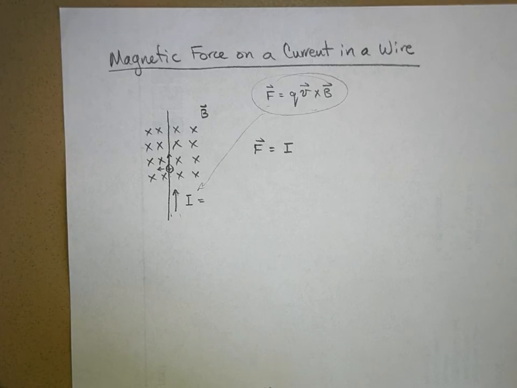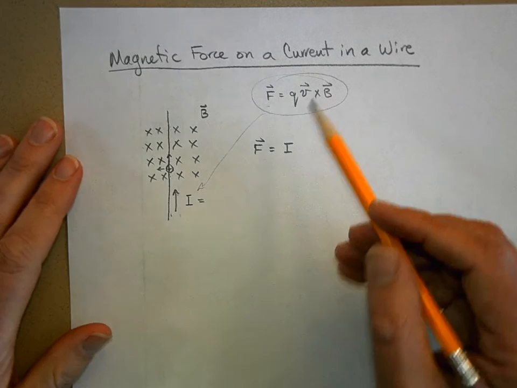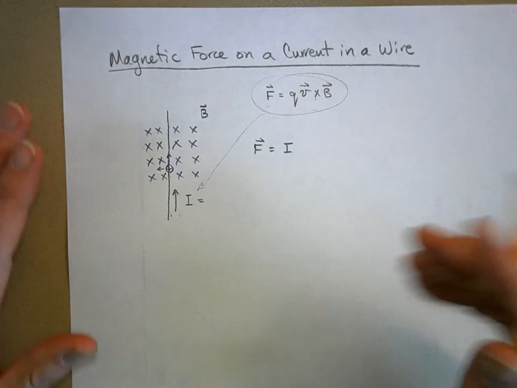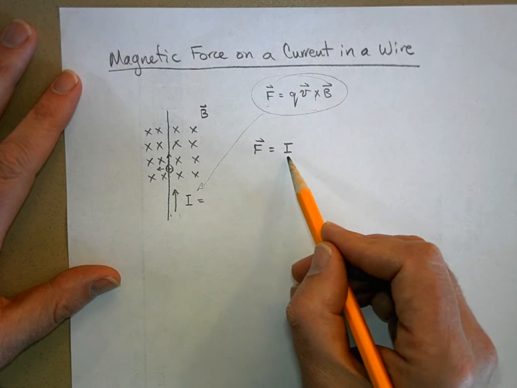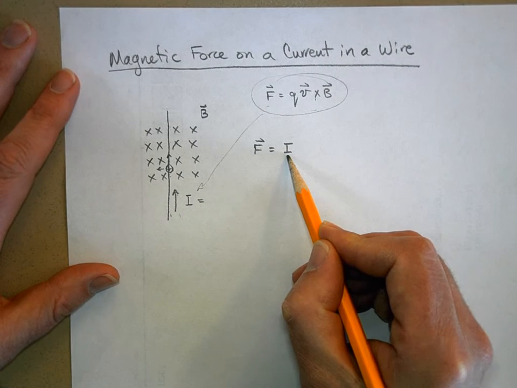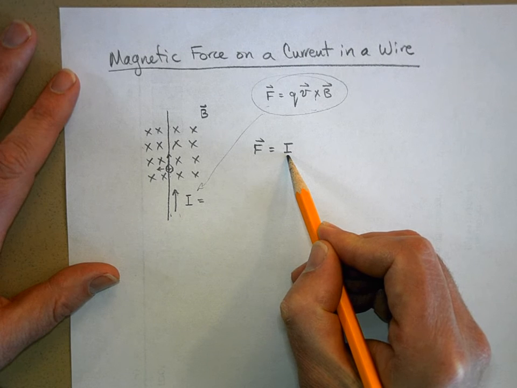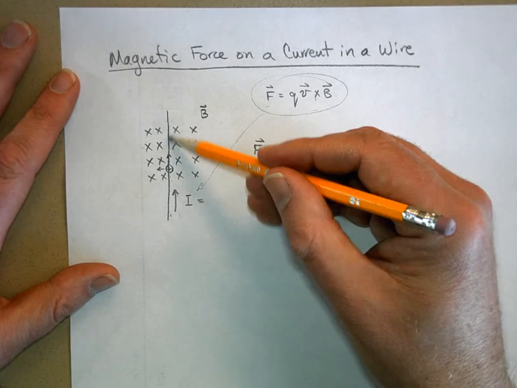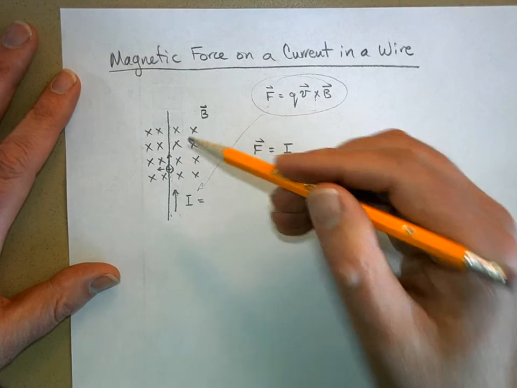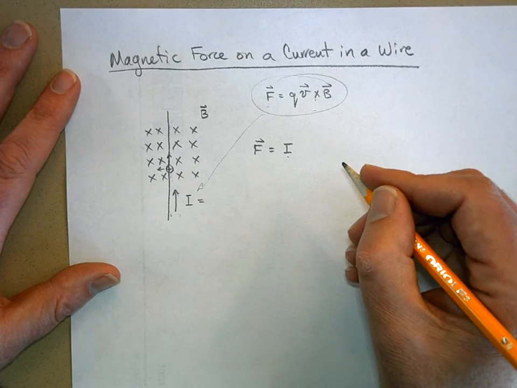Read page 901 if you want to get how to get from here to here, but I just want to kind of get to it. Now, this current represents the motion of all these charged particles in here. Now, there's also going to be a displacement.